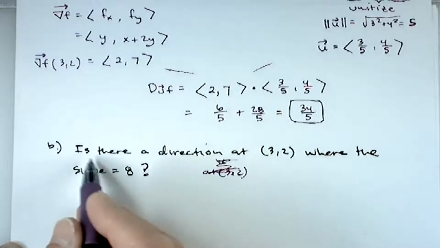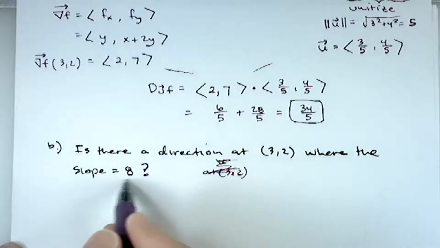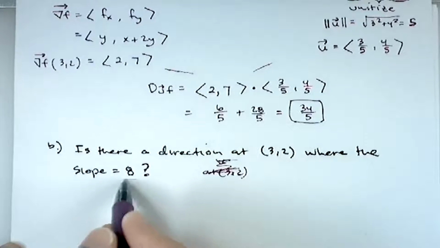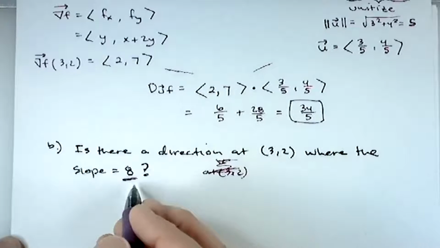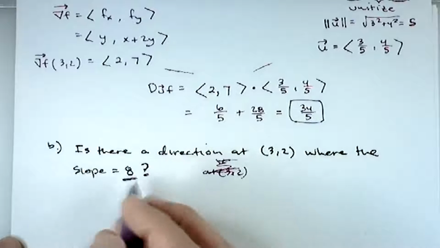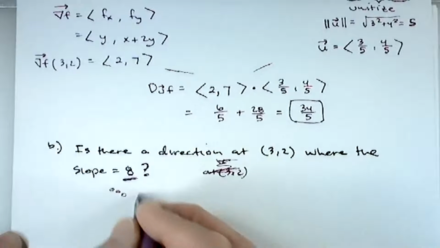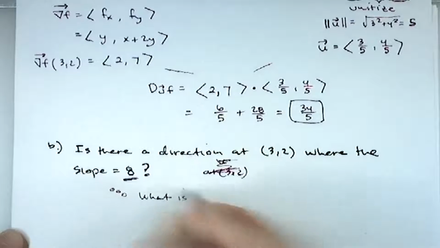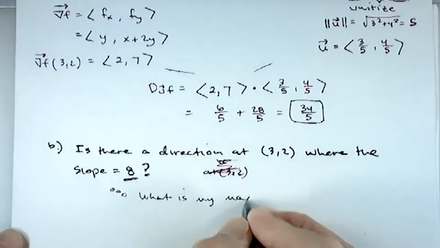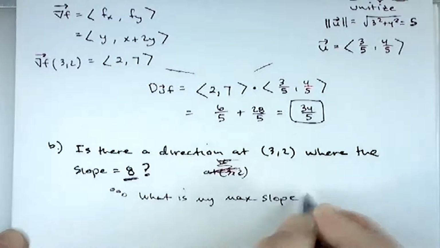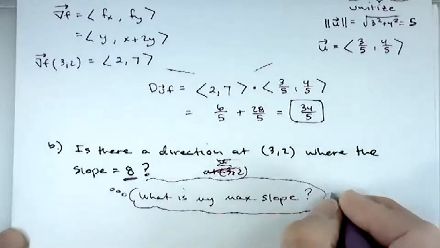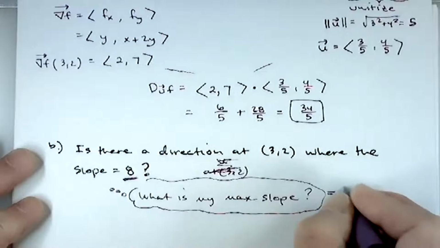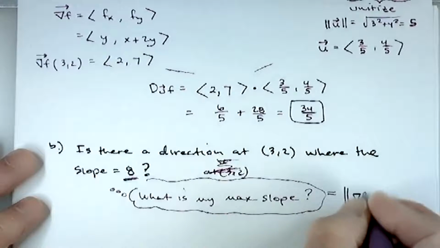So what I'm thinking then, if they're asking if there's a direction where the slope is a really big number like this, what I might want to know is, what is my maximum slope? And how does that compare to 8, right? And of course, we know from what we just discussed, that is literally the magnitude of the gradient vector.